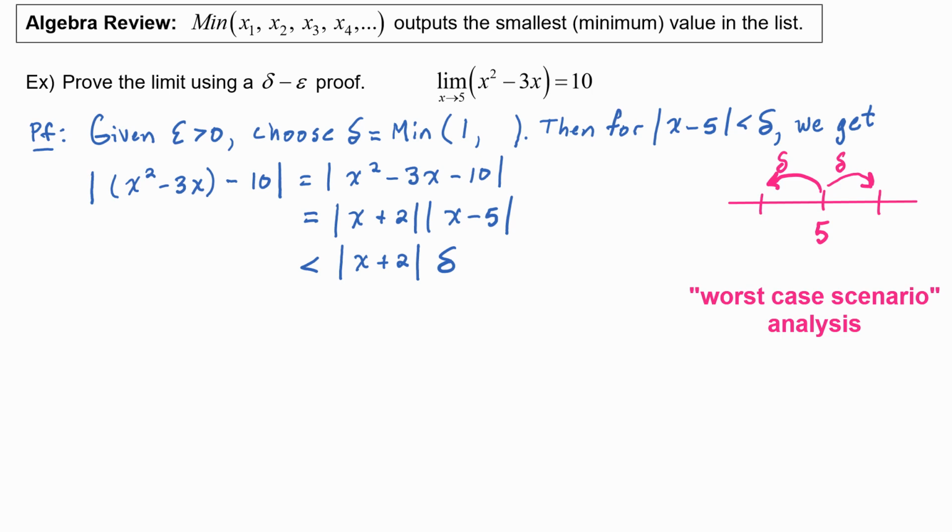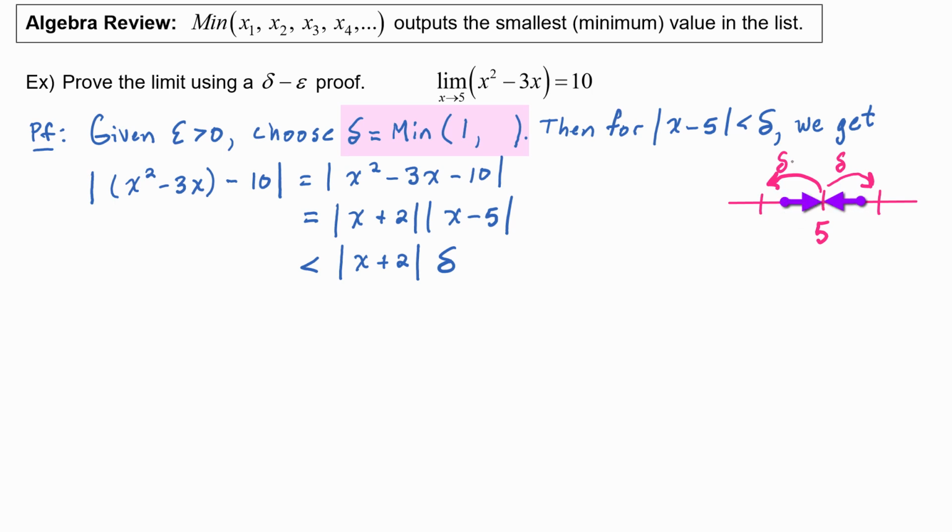So we're going to say, what happens if we let delta be absolutely ridiculously gigantic, which would be 1. So in terms of limits, 1 as a distance is a huge distance because we're talking about being infinitesimally close to 5 from the right or left.